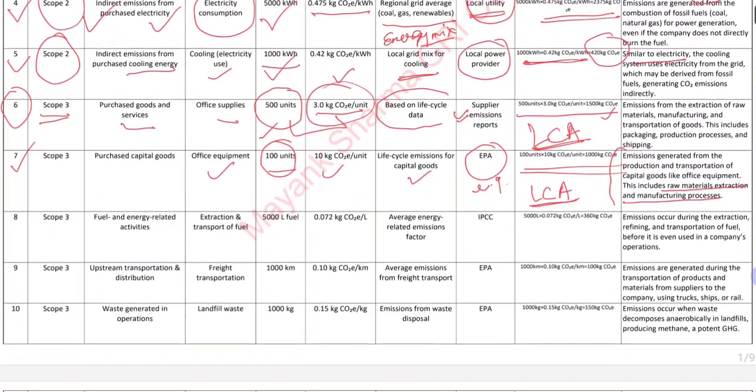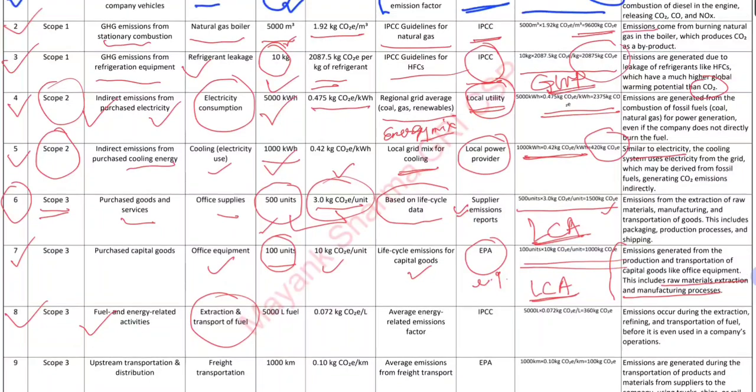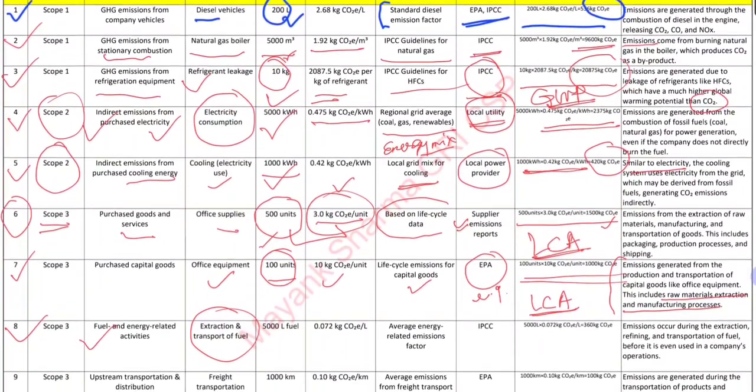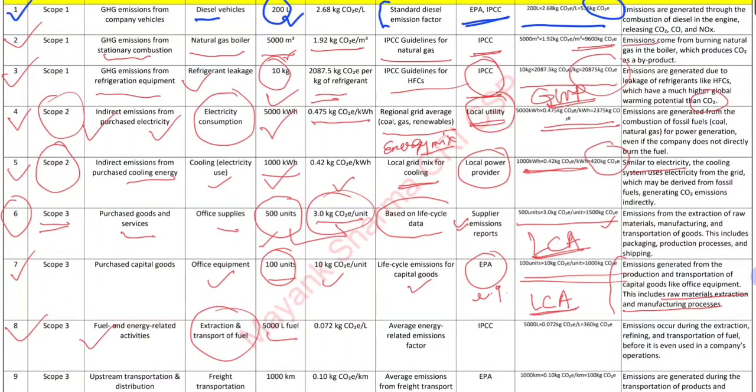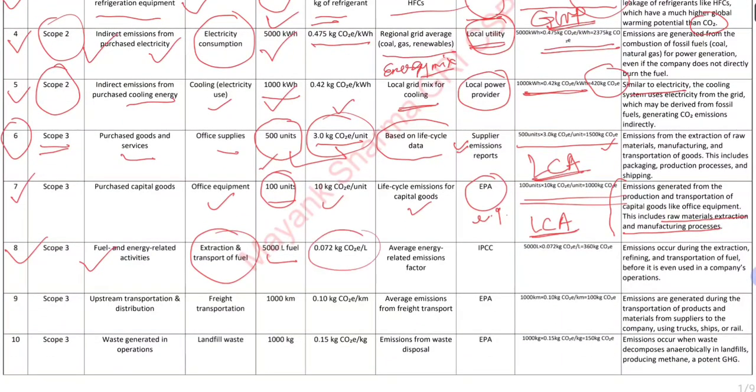The next example we see here for scope 3 is related to fuel and energy related activities, and the extraction and transportation of the fuel. This is the emission source, and we have a quantity of 5000 liters of fuel, and this is the emission factor.